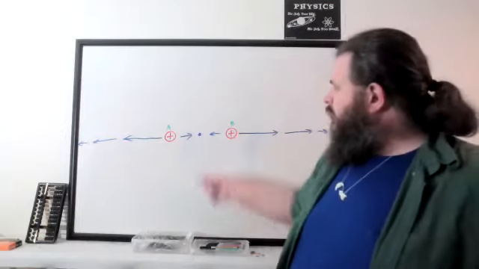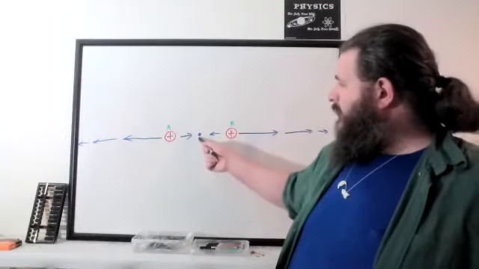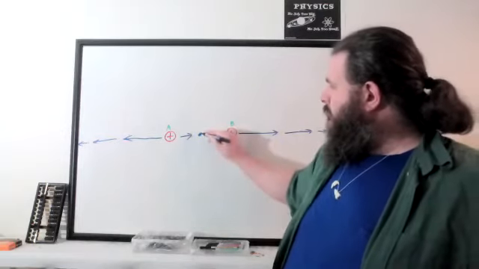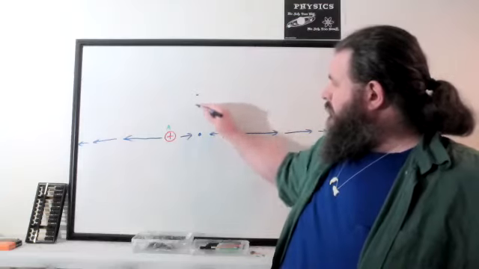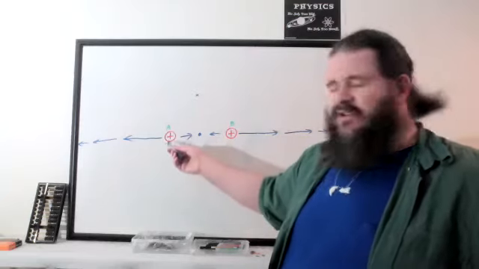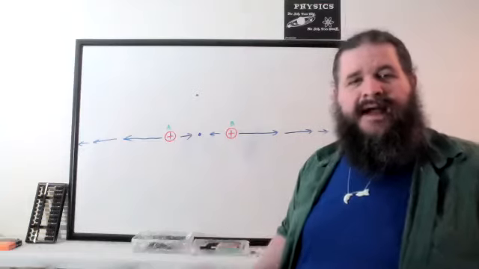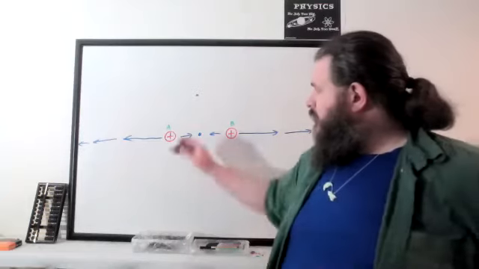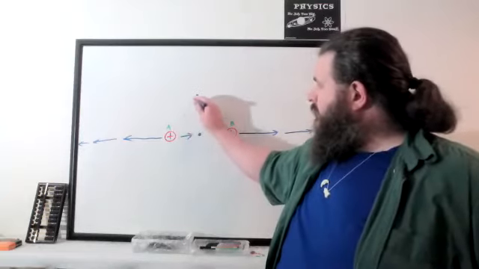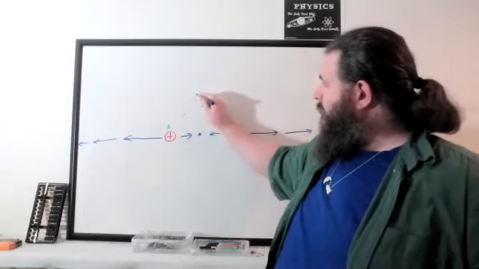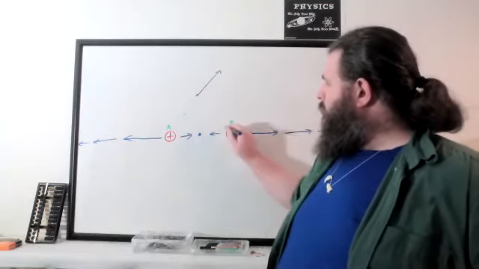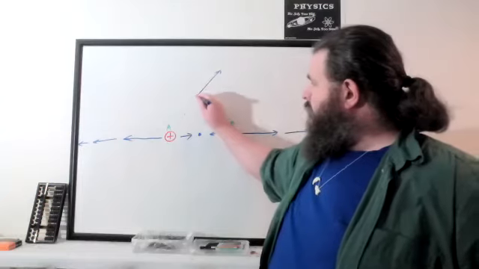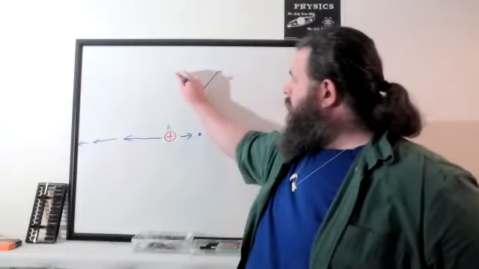Let's try some points on the y-axis as well, like directly above and below. For instance, up here. At this point, again, we should expect each of these positive charges to create outwards electric field. So A is going to create electric field outwards, which means up and to the right. B is going to create electric field outwards, which means up and to the left.